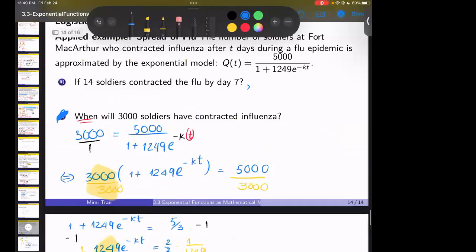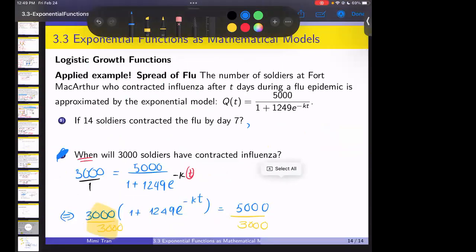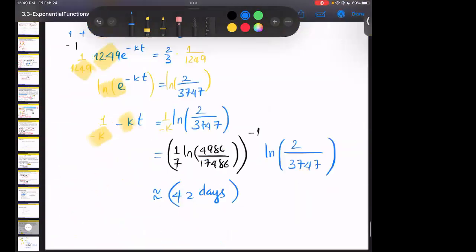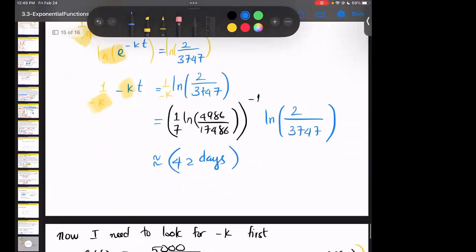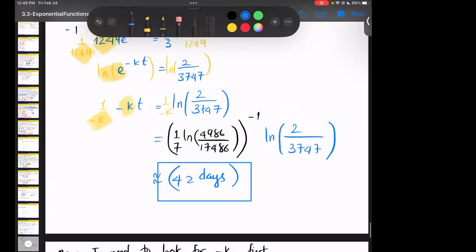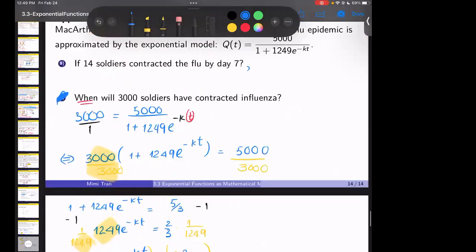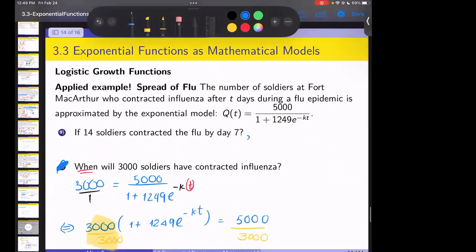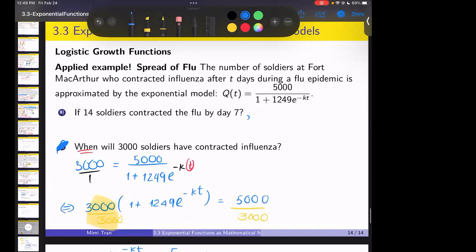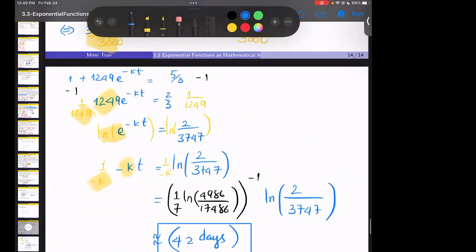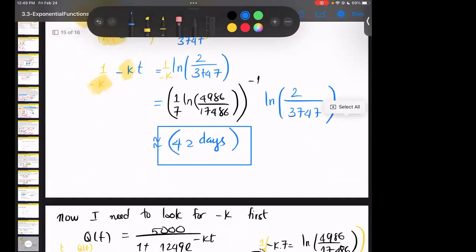Remember, A is your limit, right? That's 5,000 soldiers, that's all of them. After 42 days, the 3,000 got infected. Remember, after 7 days, only 14 soldiers. So did you see exponential growth at first, right?